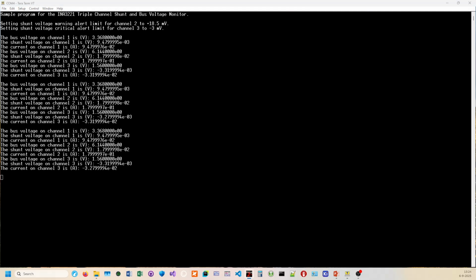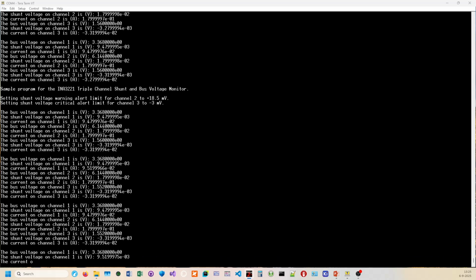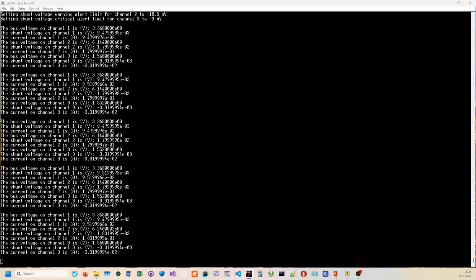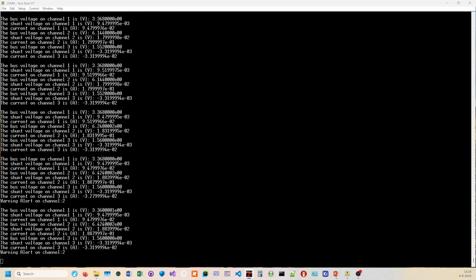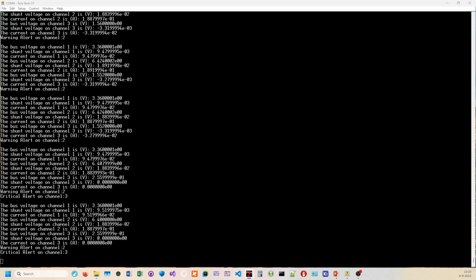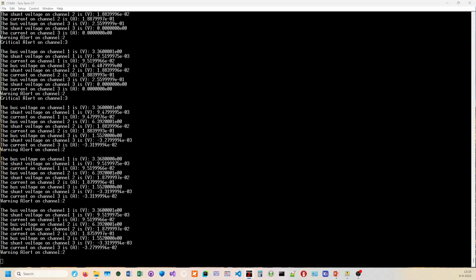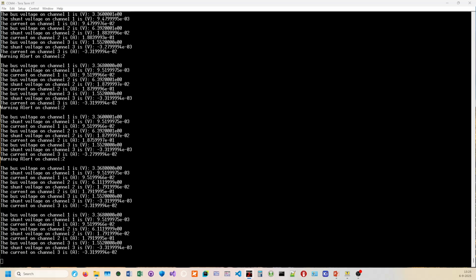So here you see the same warning alerts, critical alerts, and the same voltages only represented as floats. I will increase the voltage on channel 2, I get the warning alert. I will remove the battery, I get the critical alert. If I connect the battery and lower the voltage, both alerts are gone.